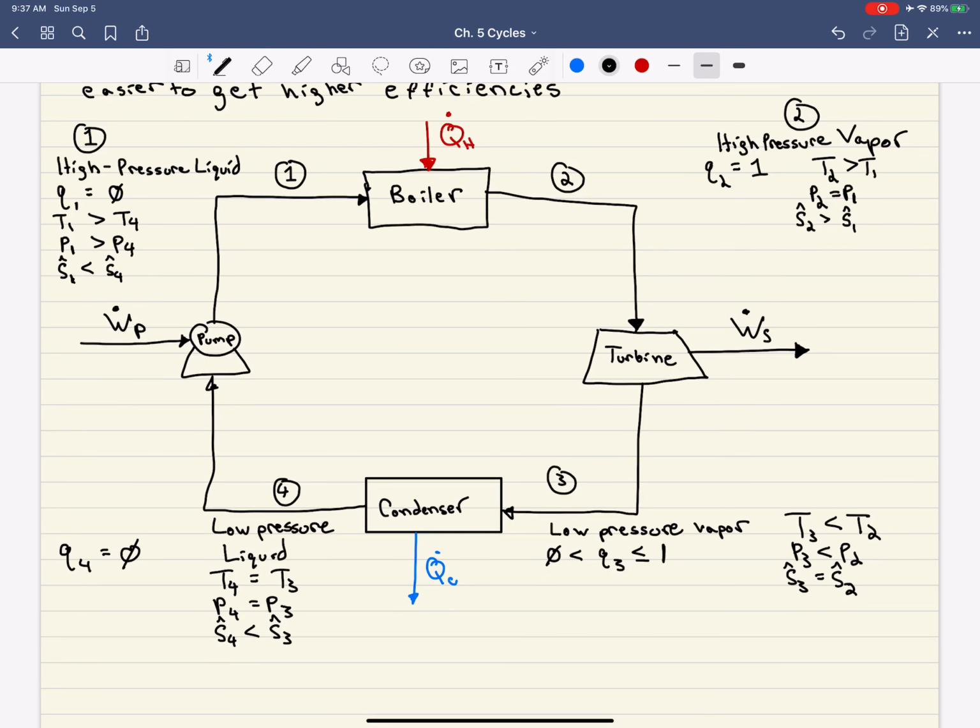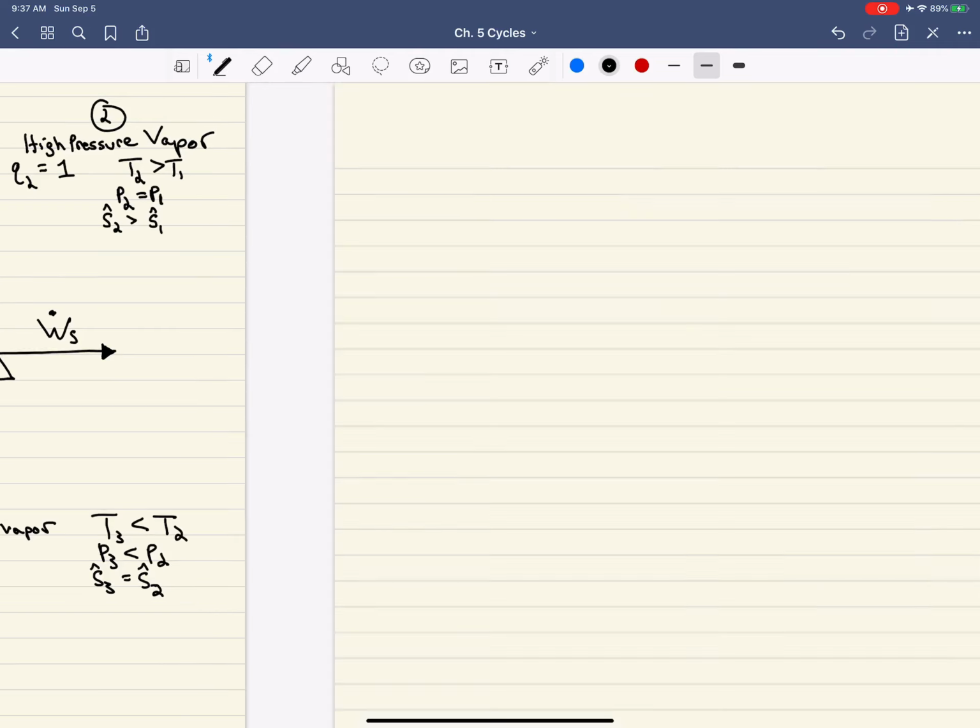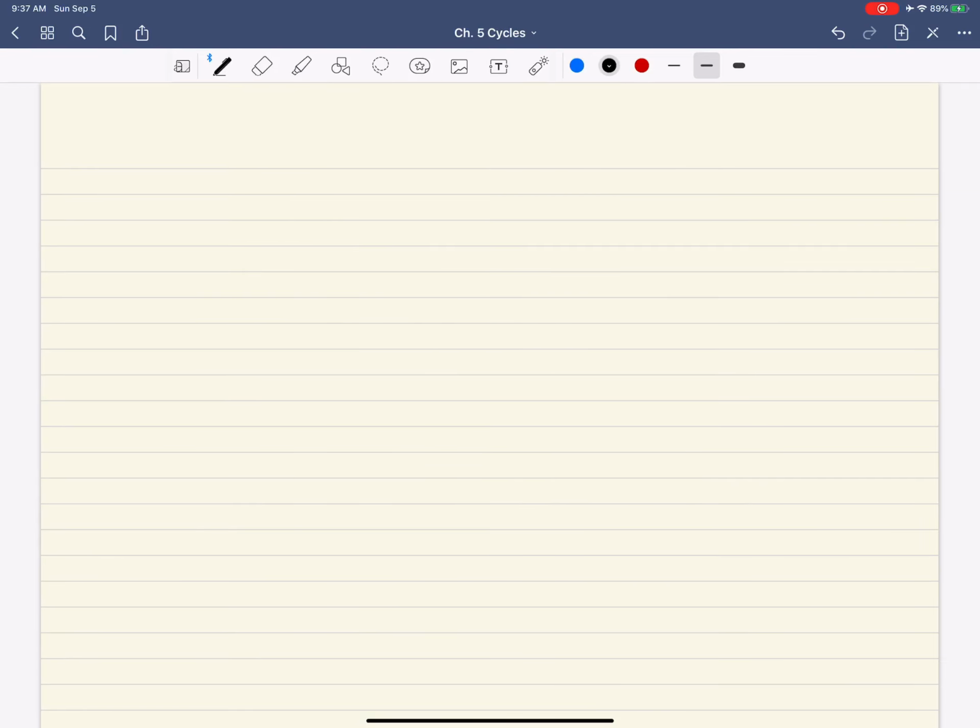We could also visualize these steps on a temperature entropy plot. So this is T, this is S. All right, and so if we start here with stream 1, basically in the boiler we add heat to heat up that liquid to its boiling point and then evaporate it.